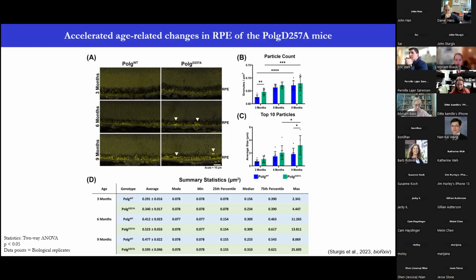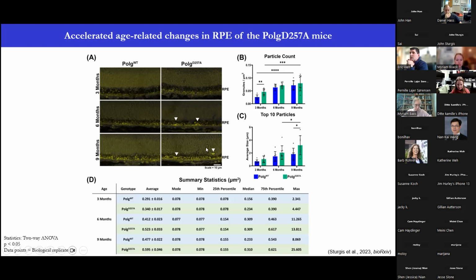This is just autofluorescence. What we saw was that these granules, as we're calling them, are more prevalent at the 3-month time point. As you can see, the count is higher. We did an ImageJ thresholding. And then as the mice age, the granules start to level off as far as the amount.